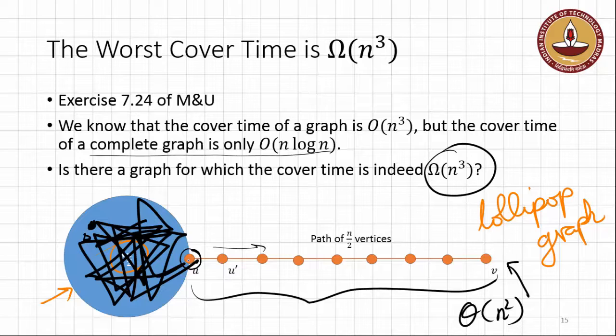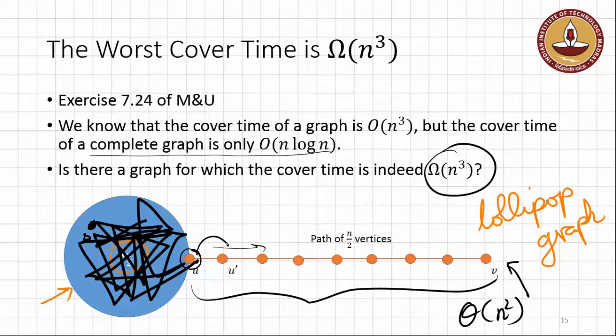And then from this vertex, even if it were to make a few transitions like this, with some good probability it will come back here, and then it could still fall into this complete graph part. So the random walk, in some sense, can easily get stuck in this complete graph part, and it takes a lot of effort for it to leave and then move all the way to v.